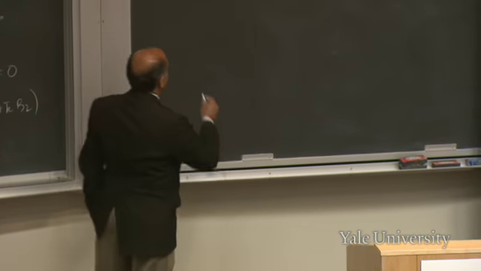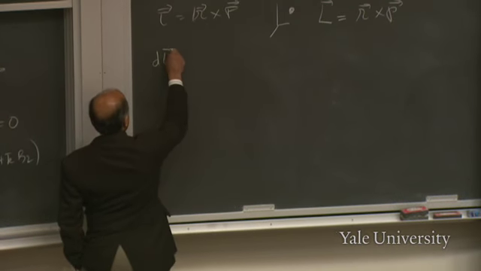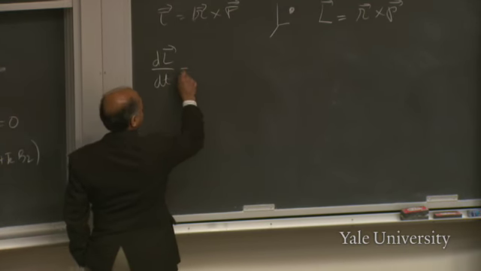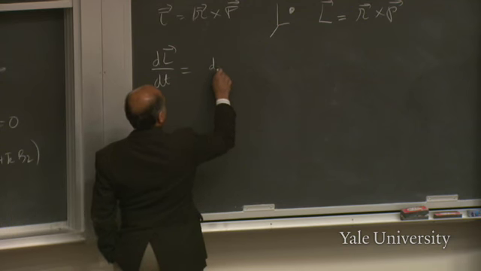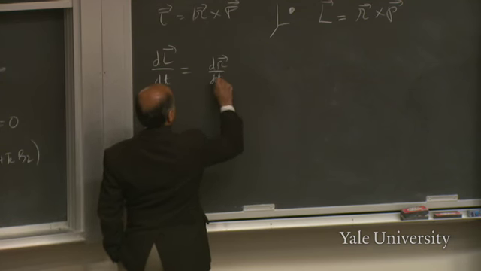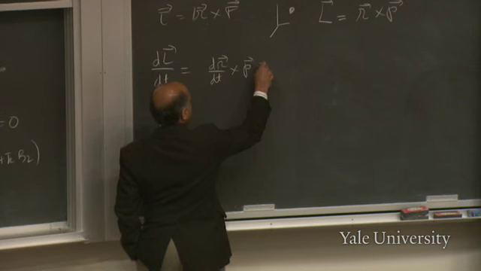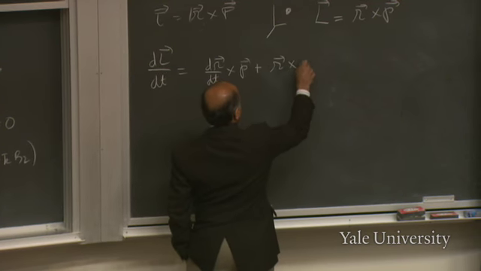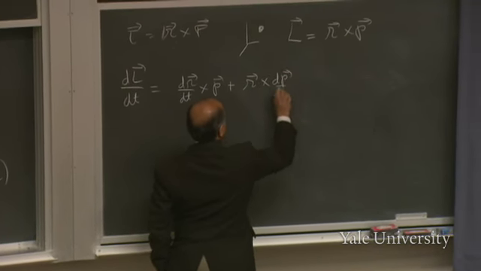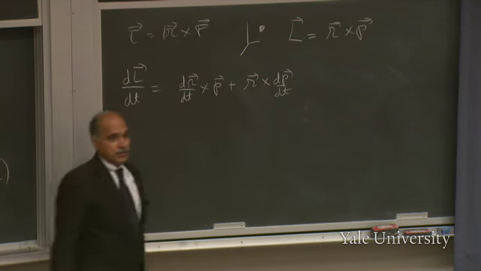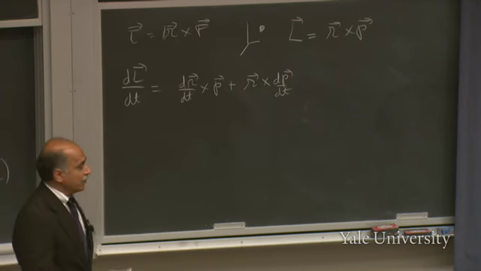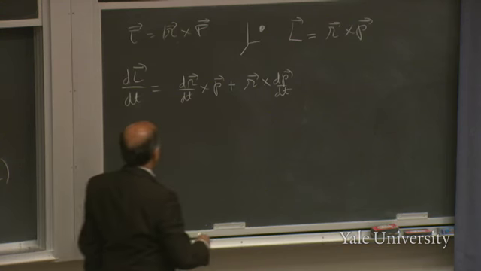So, let's see what dL/dt is. The rate of change of angular momentum is going to be dr/dt cross P plus r cross dP/dt. Just use the rule of calculus. When you've got a product, you take the derivative of this and then the derivative of that.